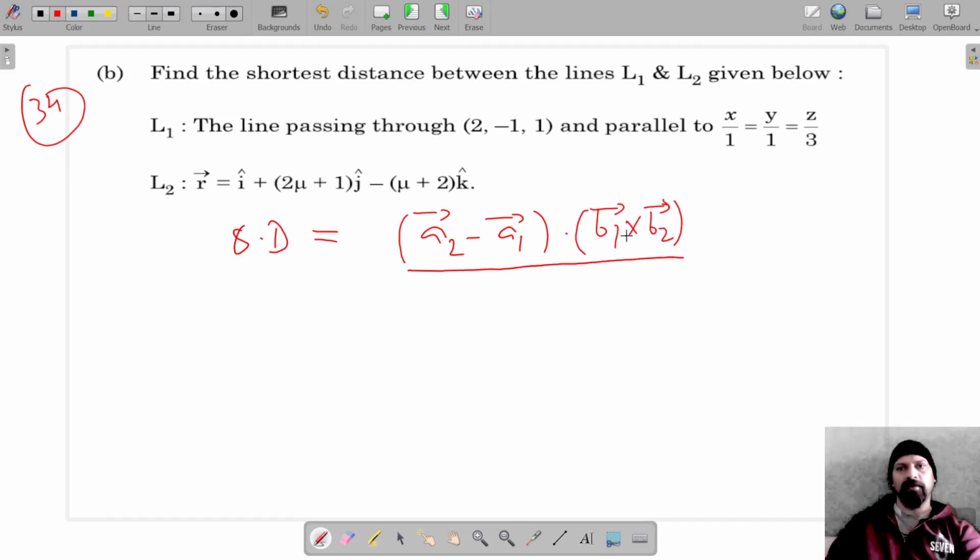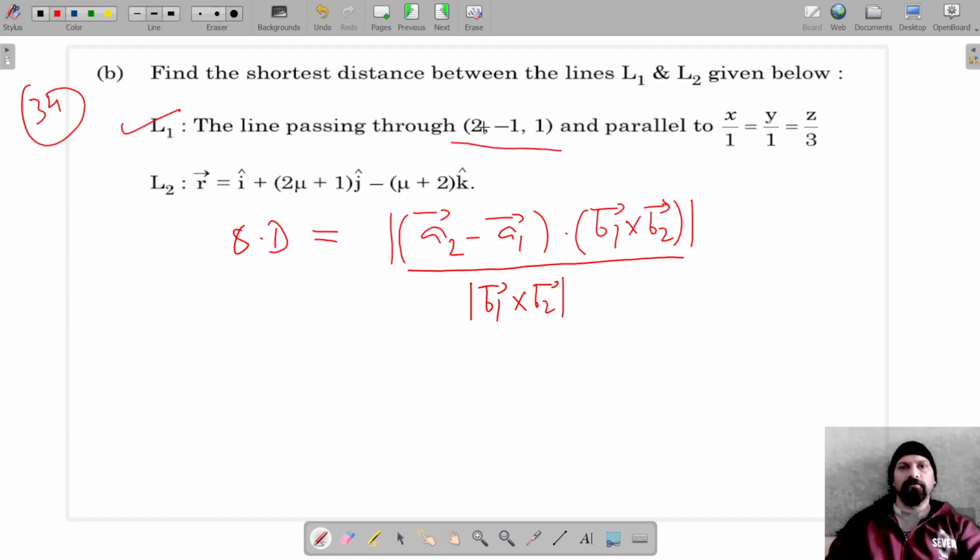We take the positive value, and divide it by the magnitude of the cross product of b1 and b2.